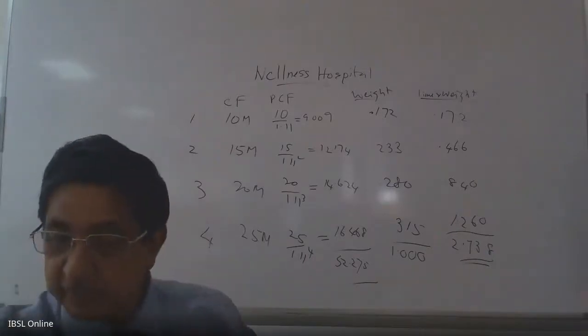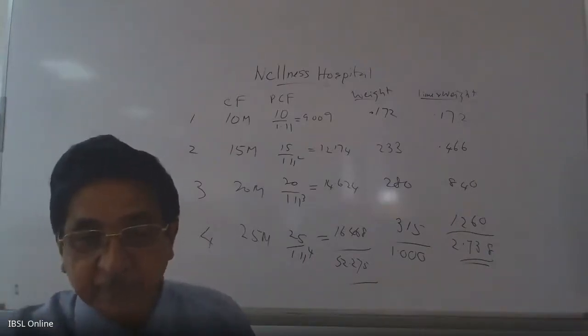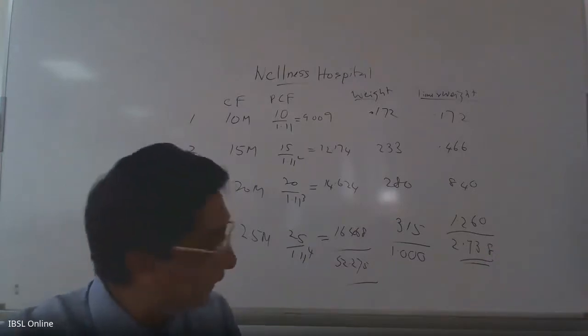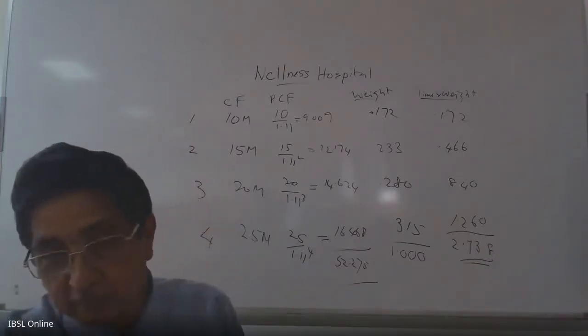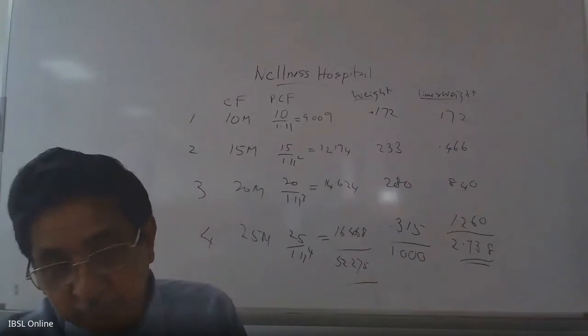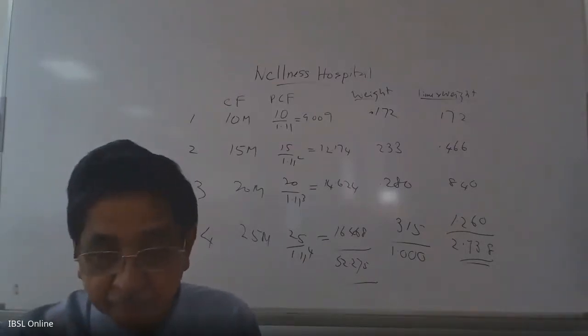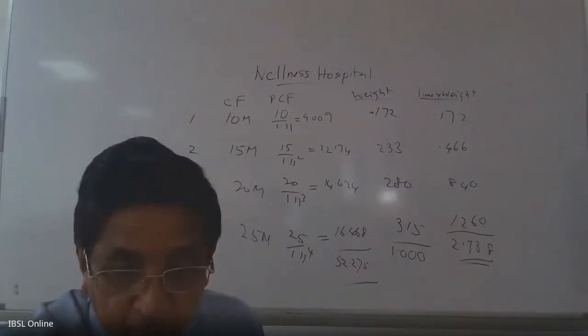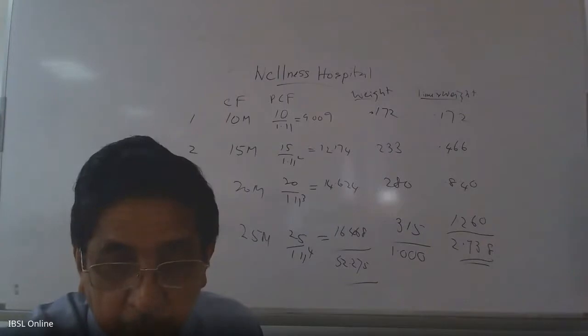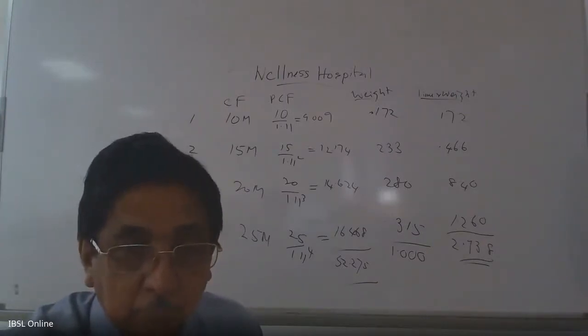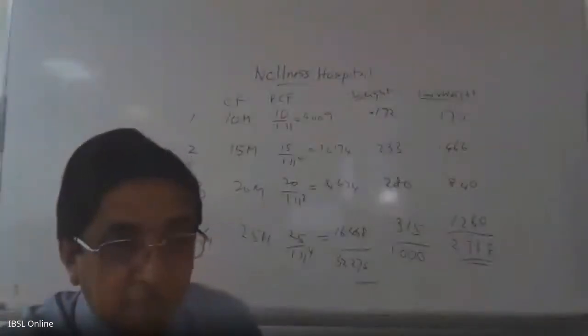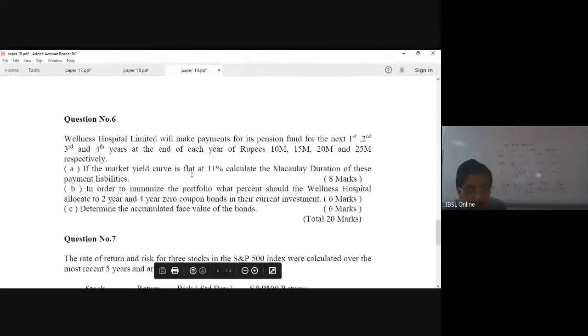Anyway, the calculations are given on the board and you can just see it. As it is, the duration comes to 2.738. Make sure that you do the calculations on this basis, and you can put it as a worksheet that way. So the next part: if the market yield curve is flat at 11%, calculate the Macaulay duration of this payment liability.